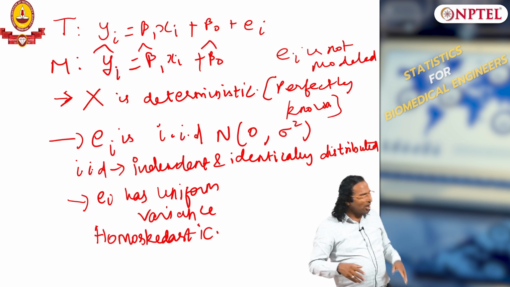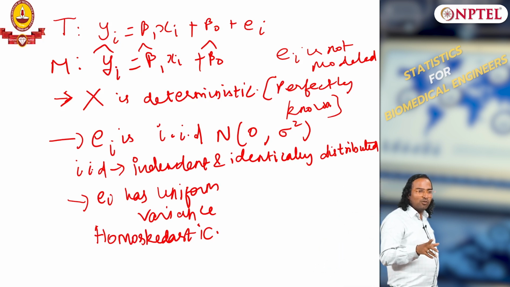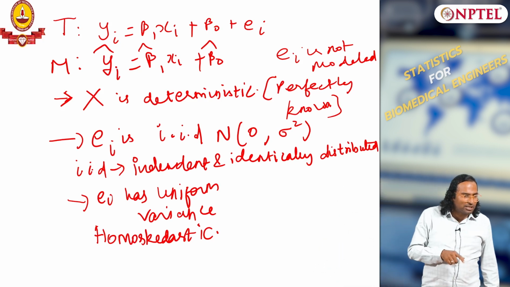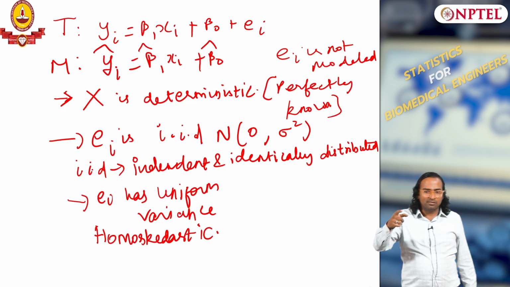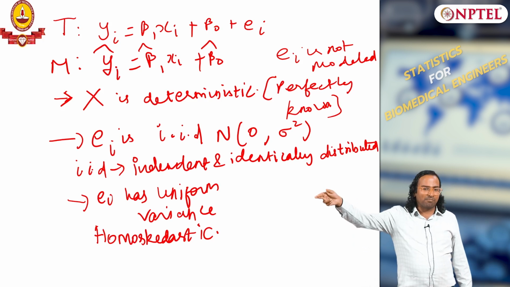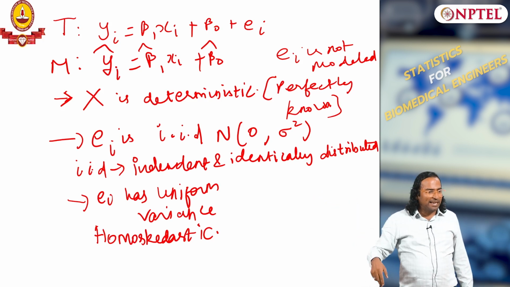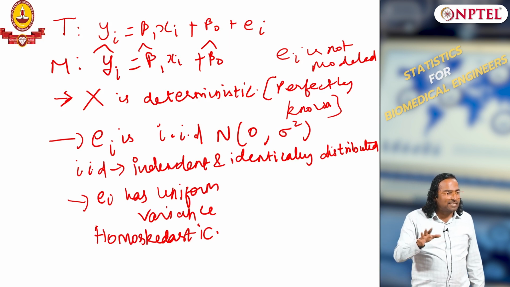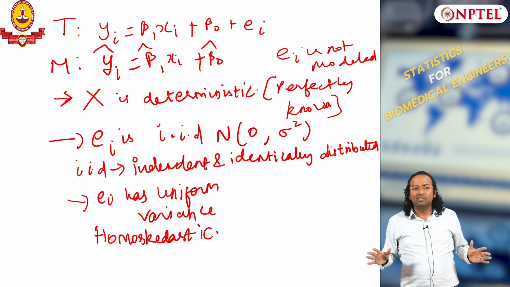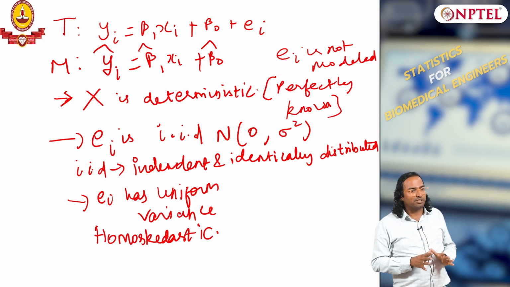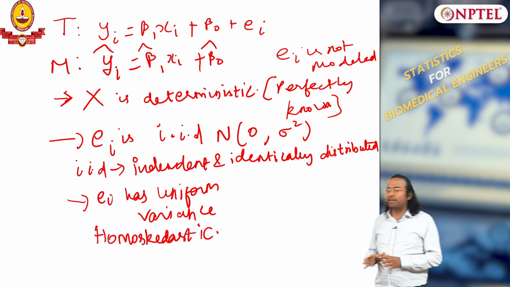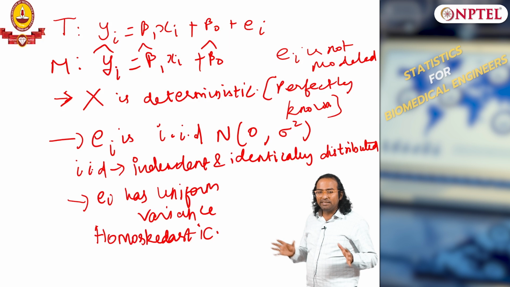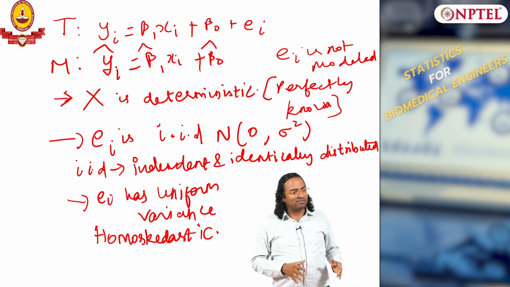You assume that the noise itself is modelable, whatever is not explained by x is still modelable, then you have a different method. In this case what are you saying? Whatever cannot be explained by x is not modelable. You have to be very clear with the assumptions. Whatever cannot be explained by x is not modelable, then you go for linear regression.